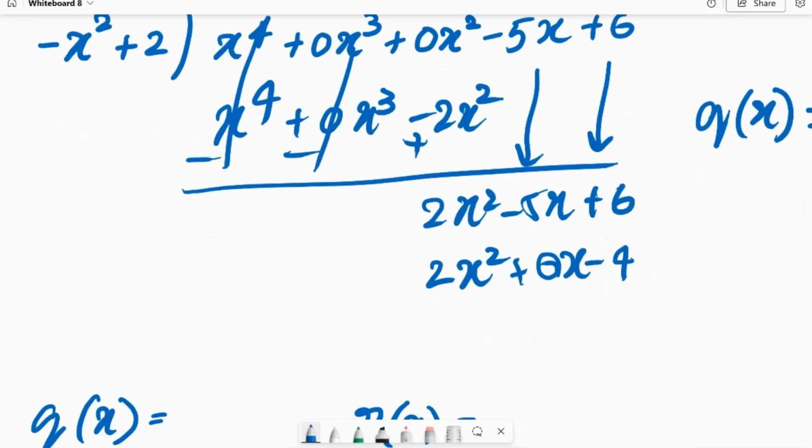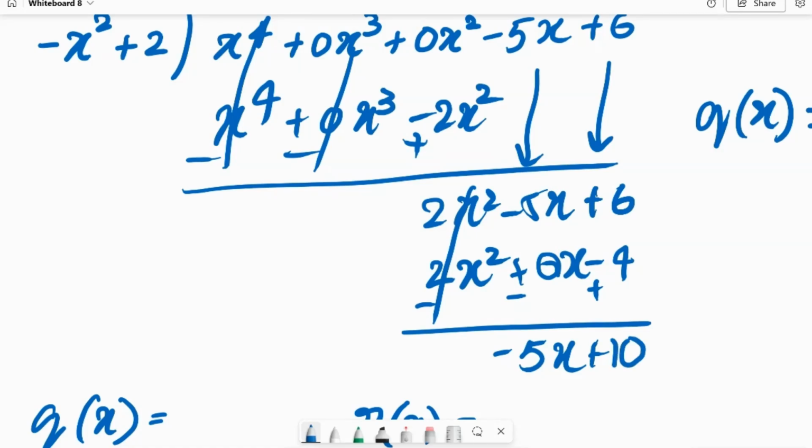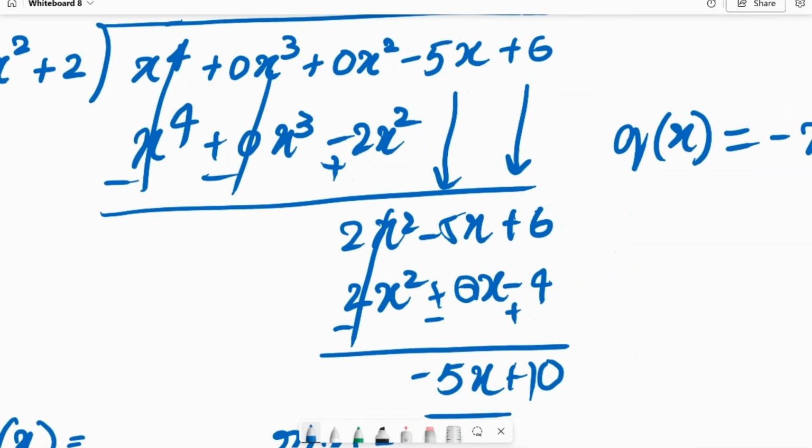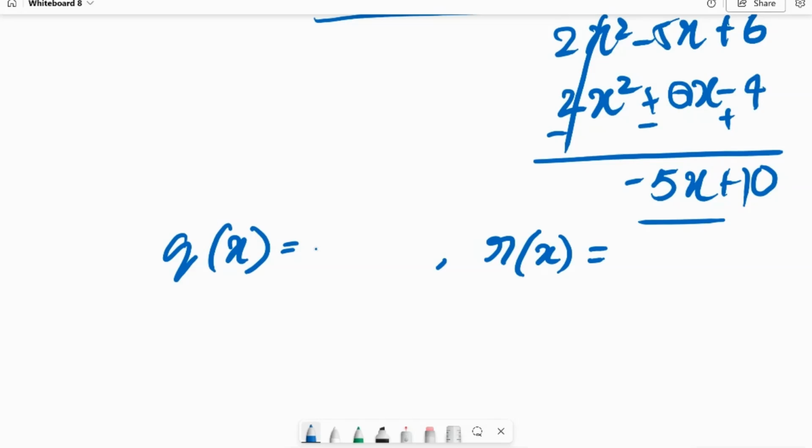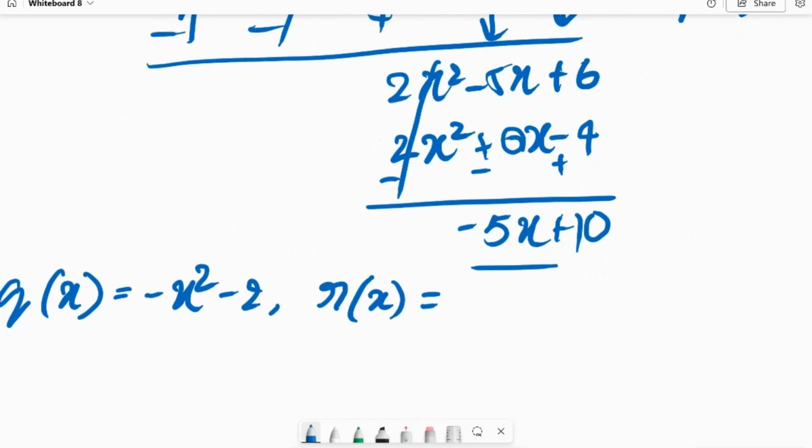And again change the sign. This would be minus, this would be minus, this would be plus. So 0, minus 5x, and 6 plus 4 is 10. So that's it. Q of x would be minus x square minus 2, and r of x would be minus 5x plus 10. Simple method.